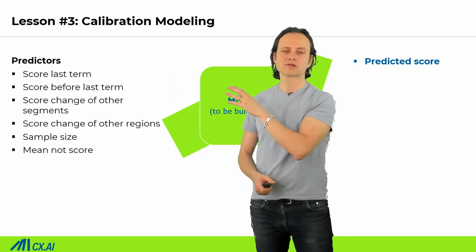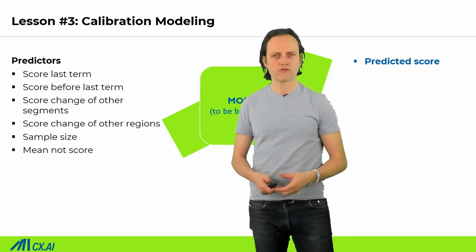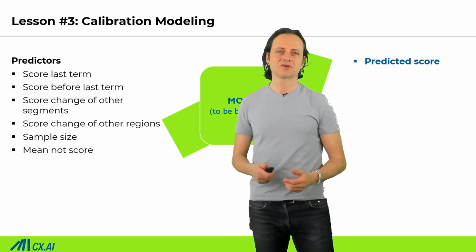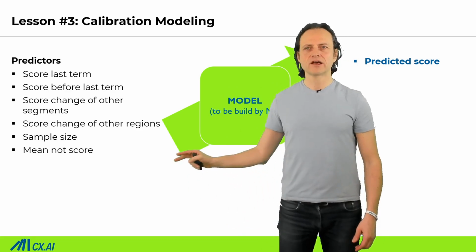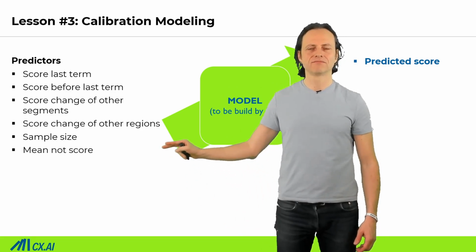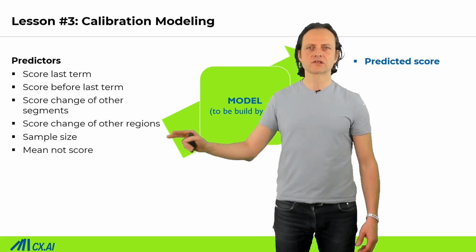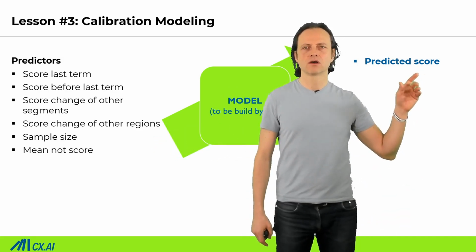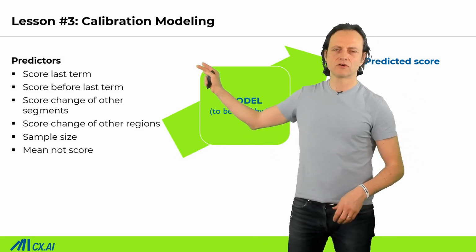You don't want to report the mean of the NPS, because it's hard to interpret for decision makers. But this is a more stable score, and how it translates into the future score can be found out by machine learning. That's the beauty of machine learning.